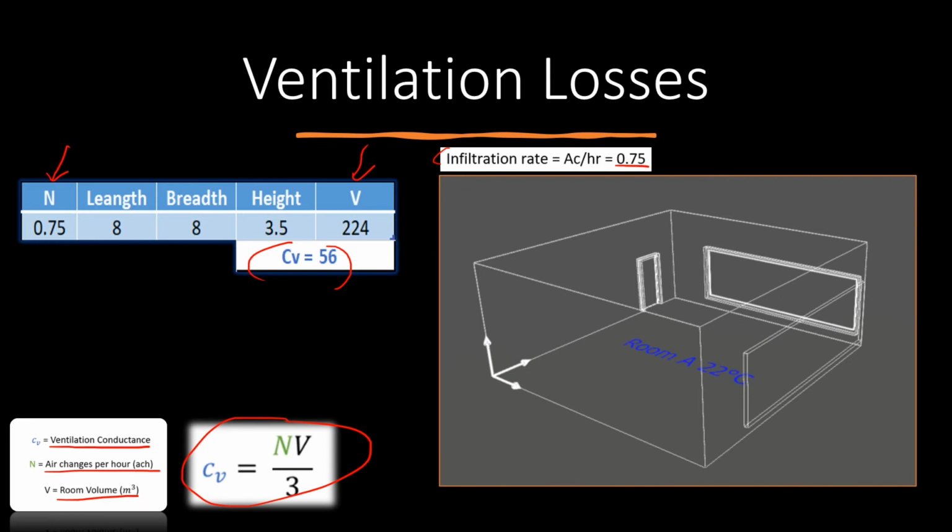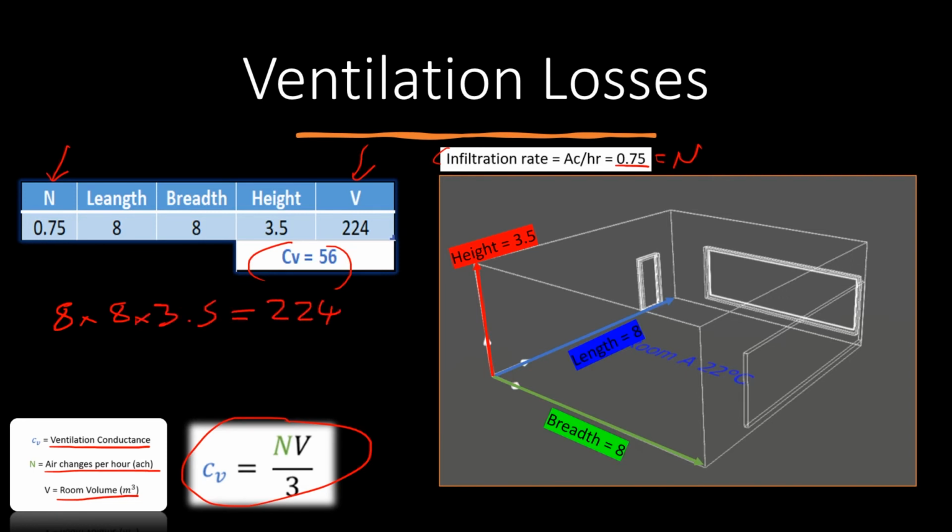So again, N is given in the question. Then for our volume, all I've done is I've said if the room is 8 meters long by 8 meters wide and 3.5 meters tall, all I'm going to do there is go 8 times 8 times 3.5 gives me 224.